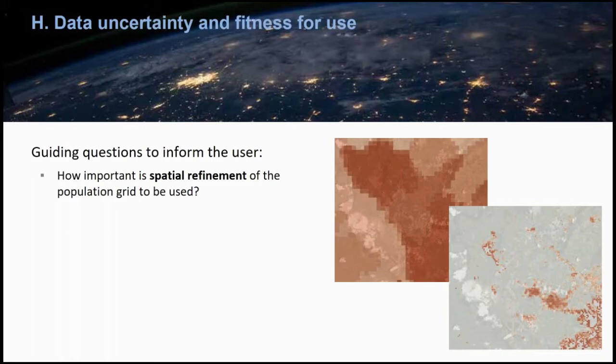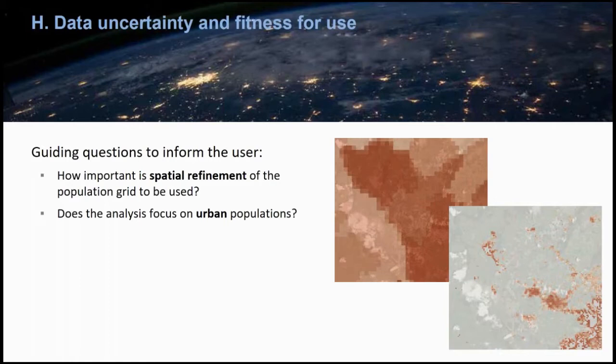For example, how important is spatial refinement of the population grid to be used? Do you really need a 100-meter resolution, or is your target application of a different nature? Do you just need a regional scale being applied there? Different data sets might come to mind and might be appropriate to use.